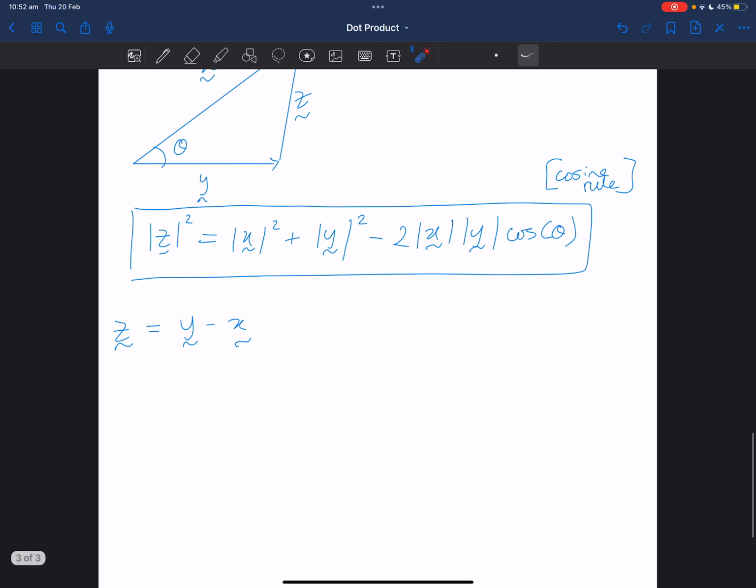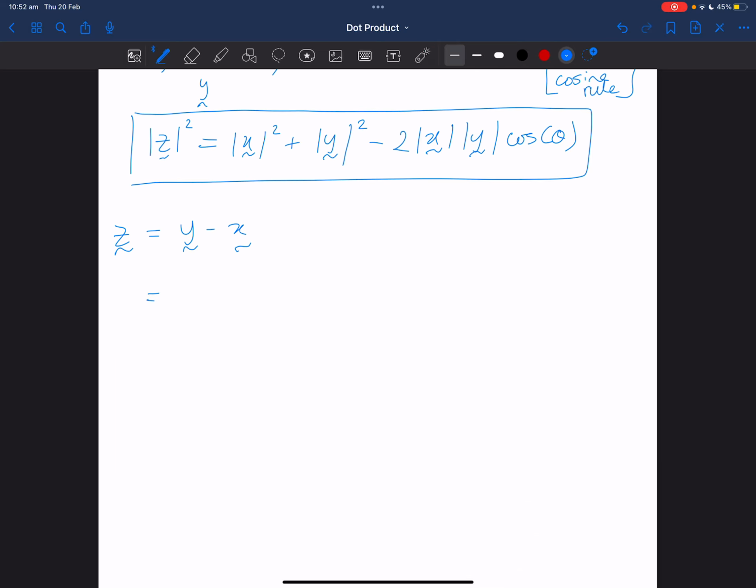Now, if we give these vectors names, this is just (y1 minus x1, y2 minus x2). And so the modulus of z squared is just equal to z1 squared plus z2 squared, right?